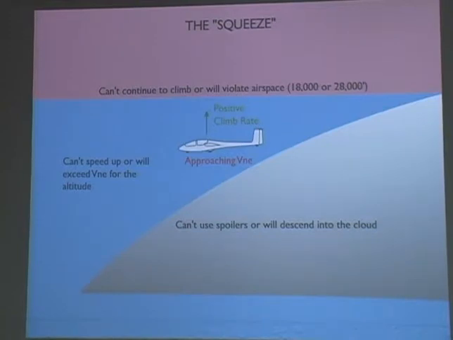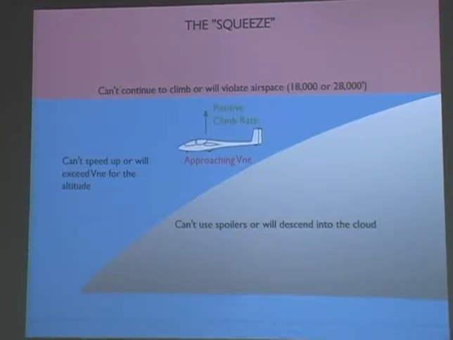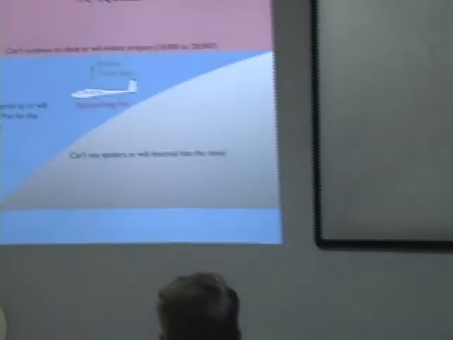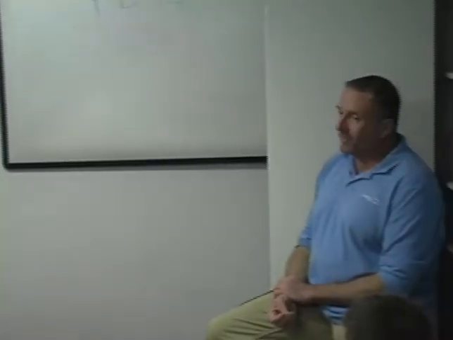So we basically got three choices here. Blast through VNE, fly through the cloud, or break the airspace. Bail out? Number three, break the airspace, is hopefully what everybody's choosing there. That's the one that won't kill you. If you go past VNE, you flutter the glider, you lose control surfaces, that's really not good.